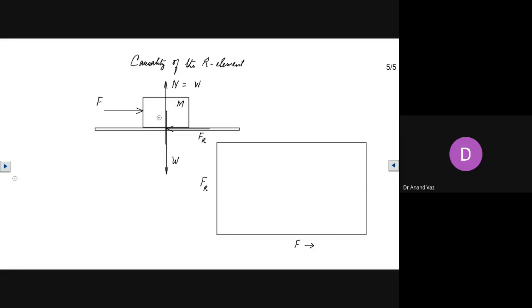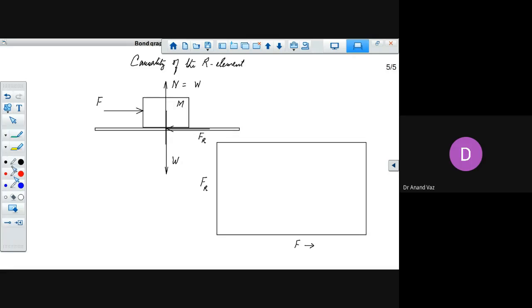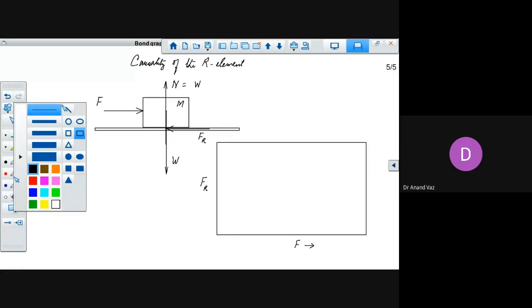Since there is no motion, the resultant of forces in the horizontal direction has to be the same. That means FR has to be the same as F. This situation will continue. FR will be equal to F.